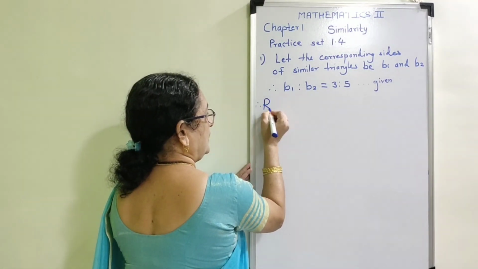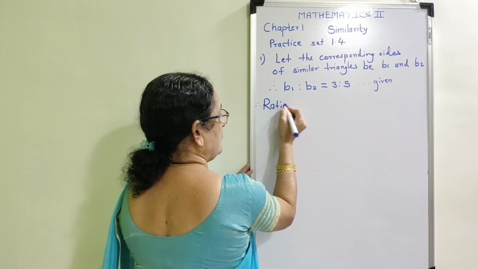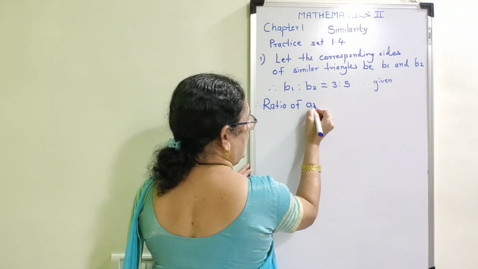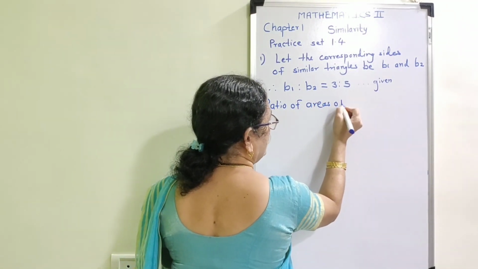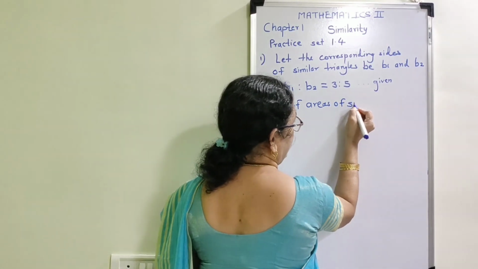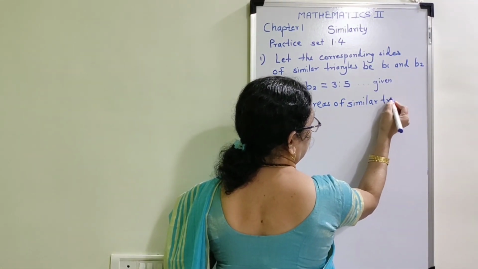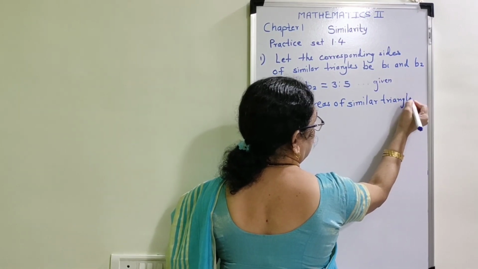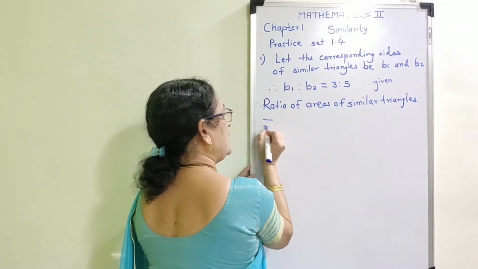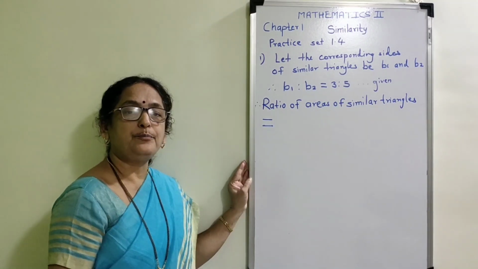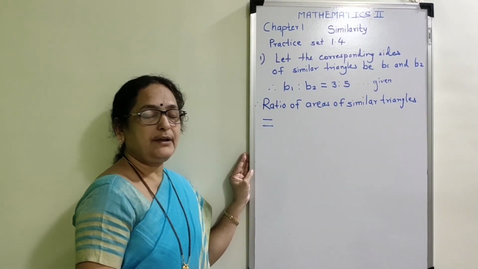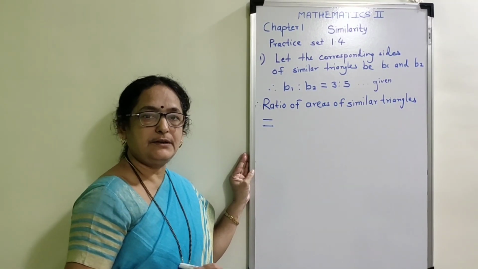Therefore, ratio of areas of similar triangles is equal to, we have already completed the important theorem of ratio of areas of similar triangles.